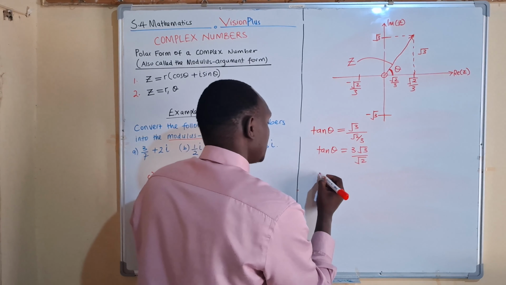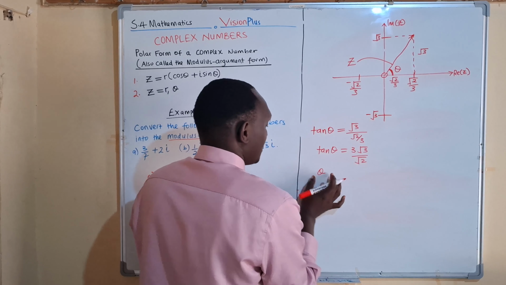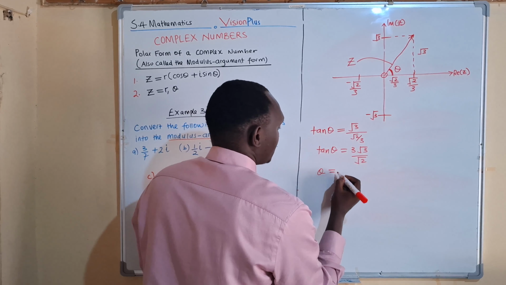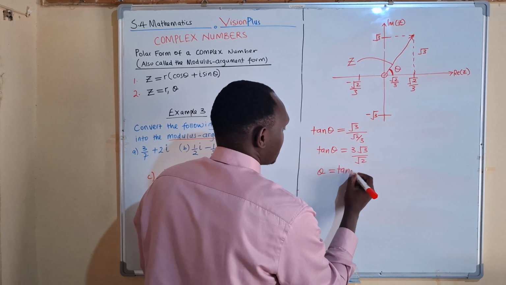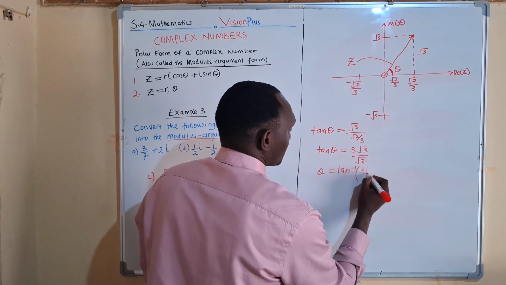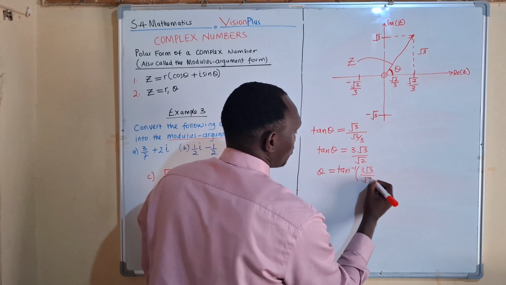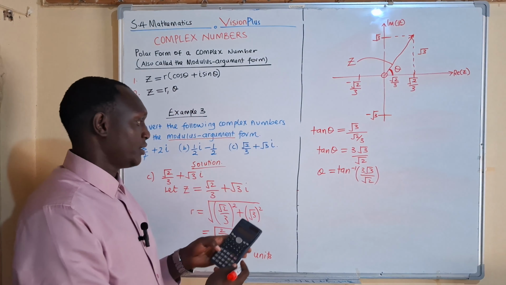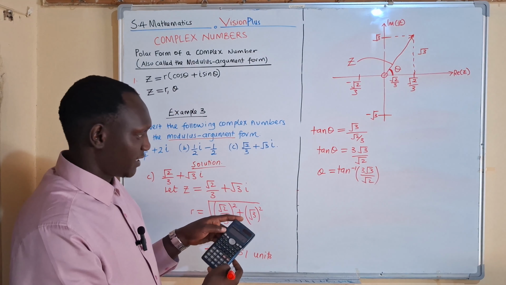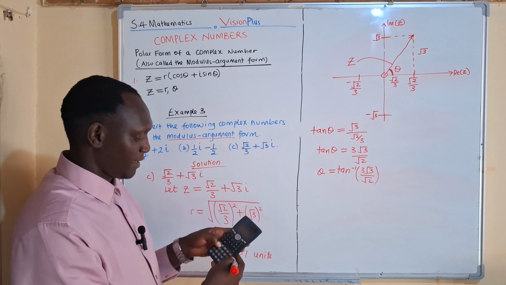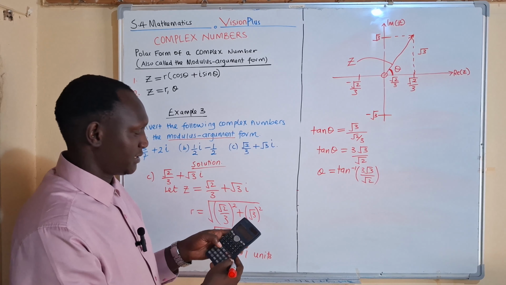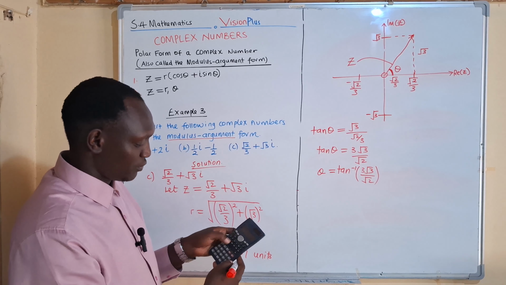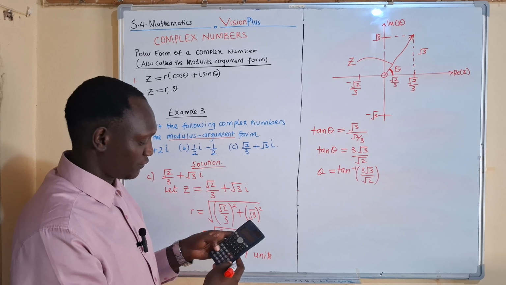And then now you say therefore my theta becomes the tan inverse, or arctan, of 3 root of 3 divided by root 2. And the calculator will do that for you. You press tan inverse, which is shift tan, then you open the bracket and say I have 3 root 3 divided by root of 2.